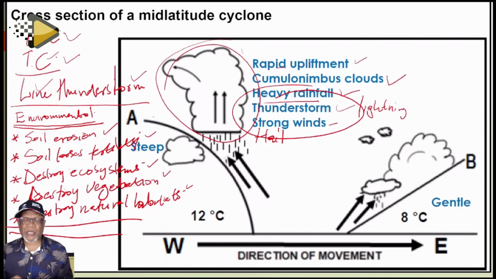The question says you must give the impacts of weather. You must give the impacts of either a tropical cyclone, because I don't know what you are going to be assessed on. Is it going to be a tropical cyclone, or a line thunderstorm, or a mid-latitude cyclone? So long as the question wants you to say the impacts on the natural environment, you must know it is soil erosion.